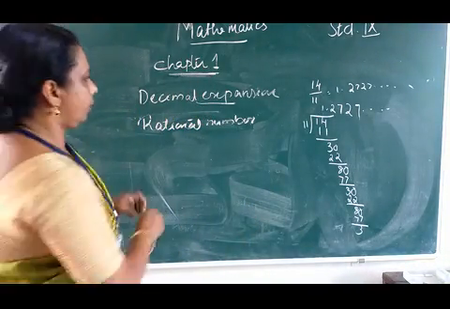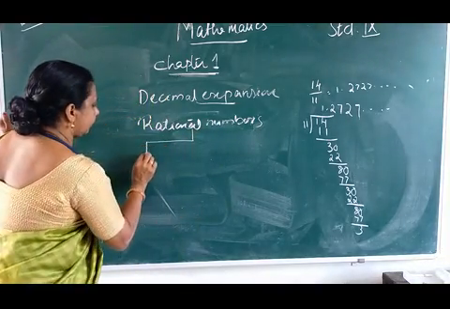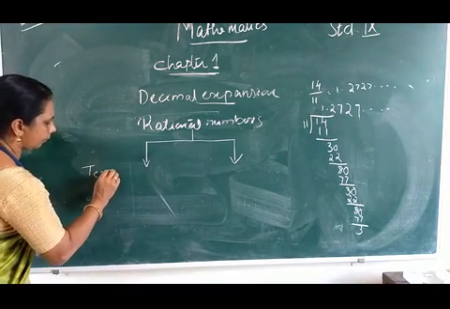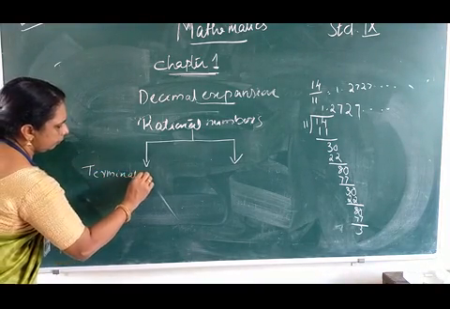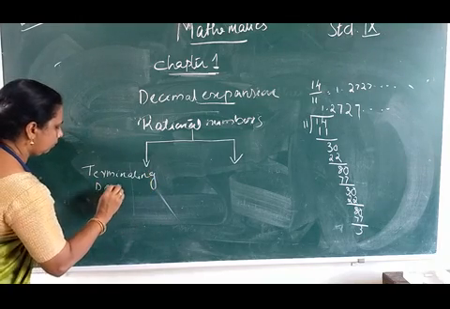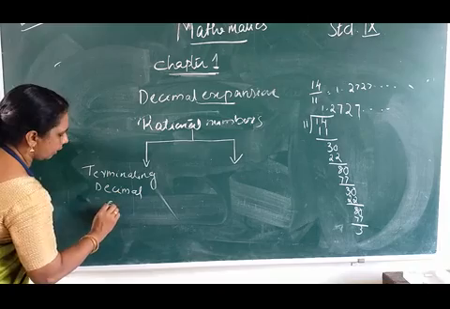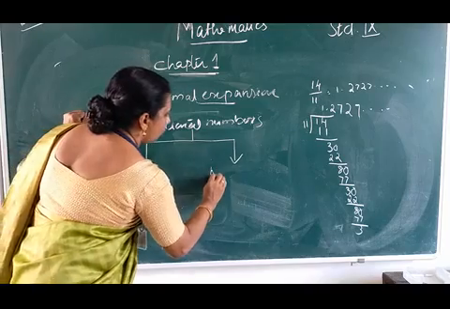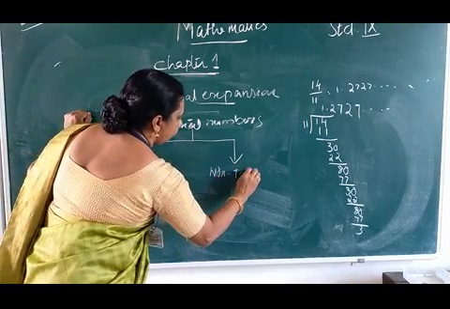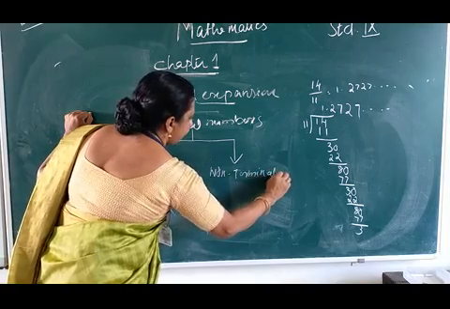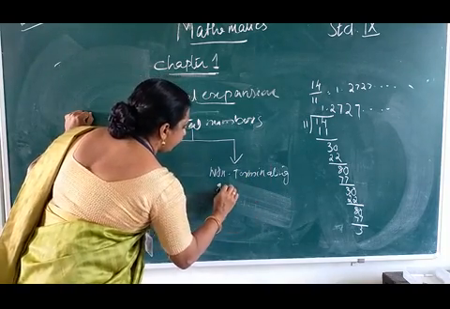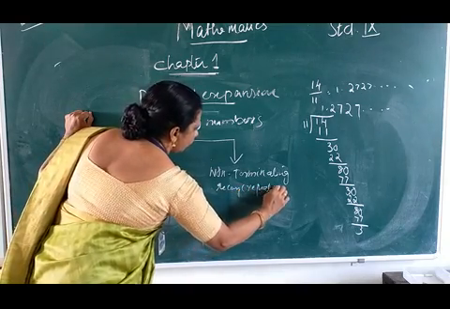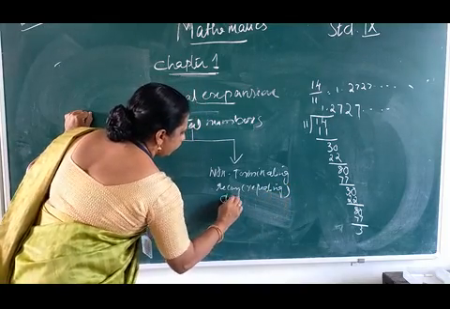Rational numbers have two types of decimal expansions: terminating decimal expansion, and non-terminating recurring or repeating decimal expansion.